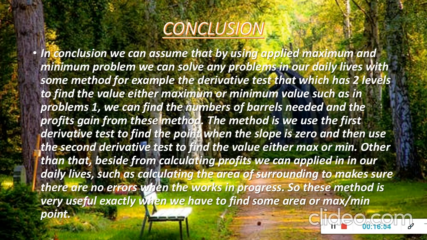The method is, we use the first derivative test to find the point when the slope is 0, and then use the second derivative test to find the value, either max or min value.